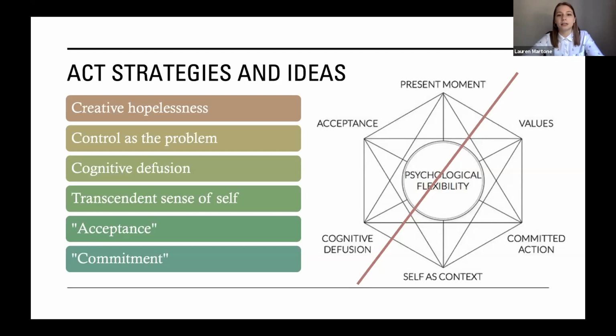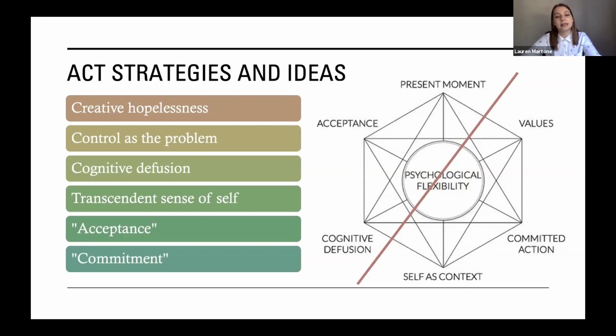Then we get into cognitive diffusion, which Hunter talked about a little bit. Again, this is the process of distancing yourself from your thoughts. Just observe them as they occur without placing a value judgment on them. One specific strategy is instead of saying, I am anxious, you should say, I'm having the thought that I'm anxious. So again, it puts that barrier in between you and your thoughts.